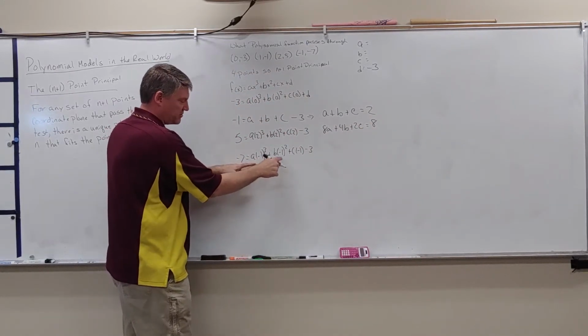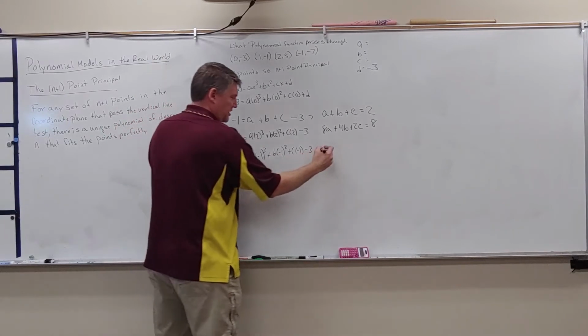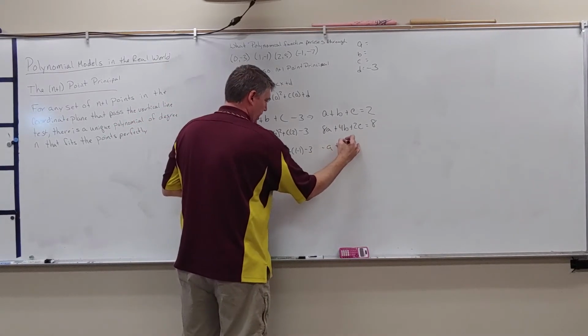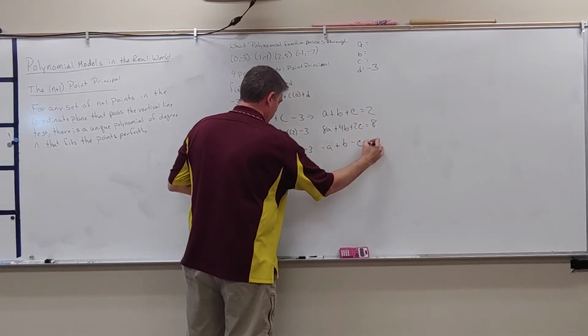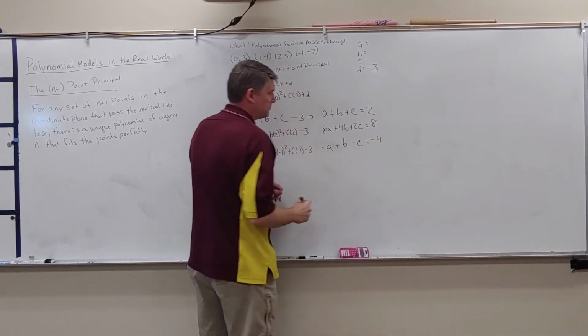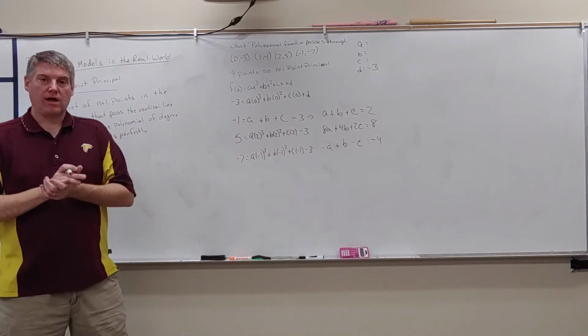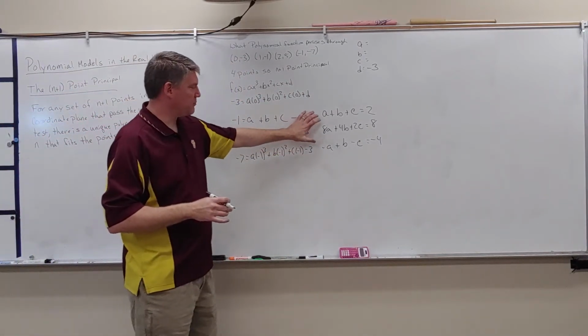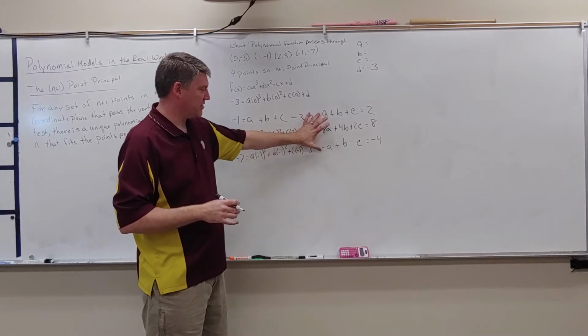Now I have these negatives, so this is going to give me -a plus b minus c equals -7 plus 3, which is -4.